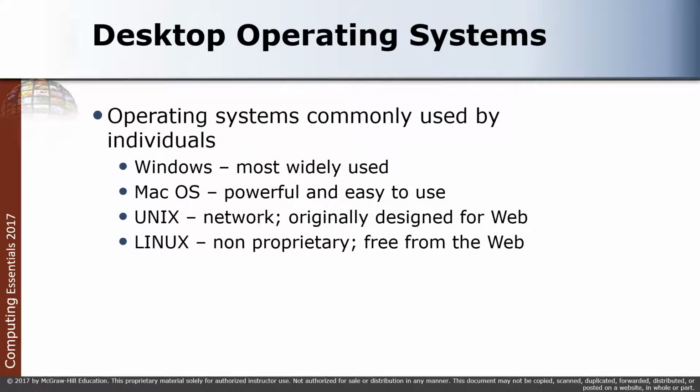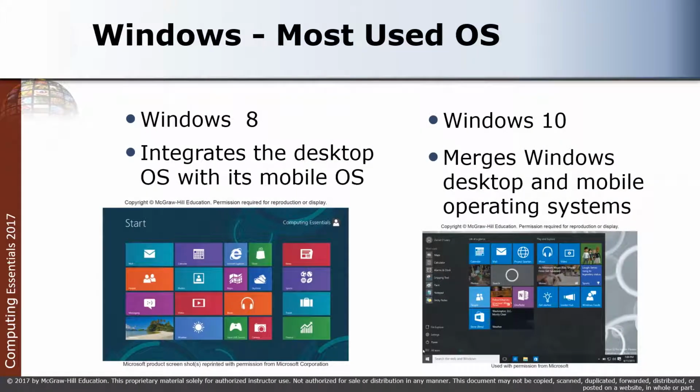Next is desktop operating system. The most well-known is Windows. Apart from Windows, you have Mac OS, Unix, and Linux. These are the desktop operating systems. These are examples of Windows operating system. Most of our computers today use Windows 10, and there are still other Windows versions lower than Windows 10.